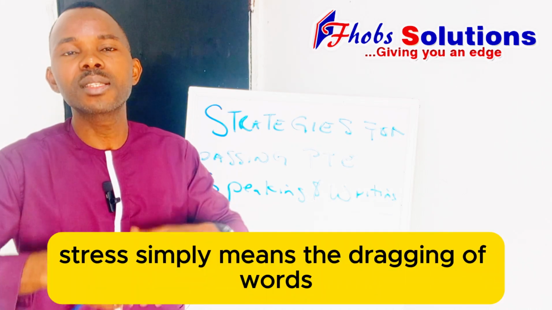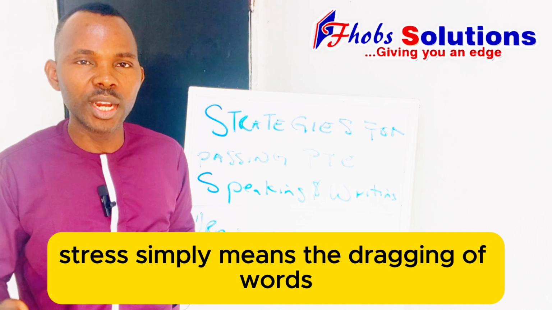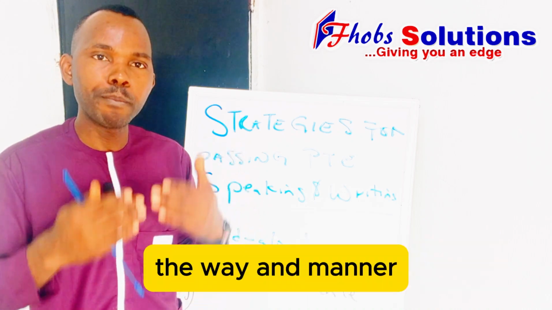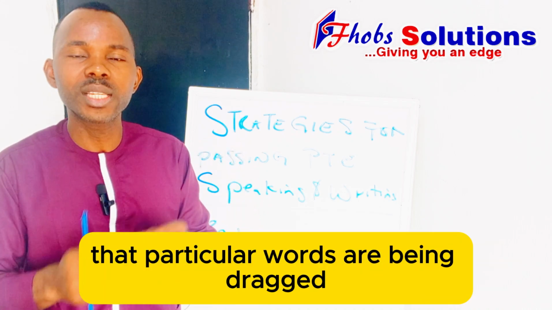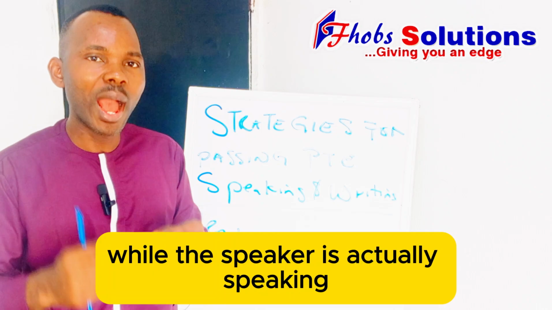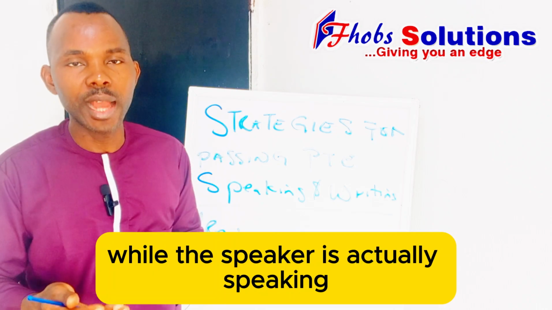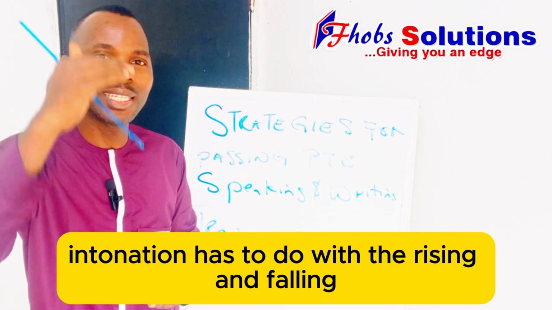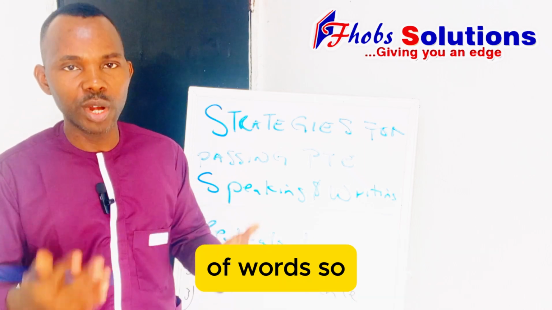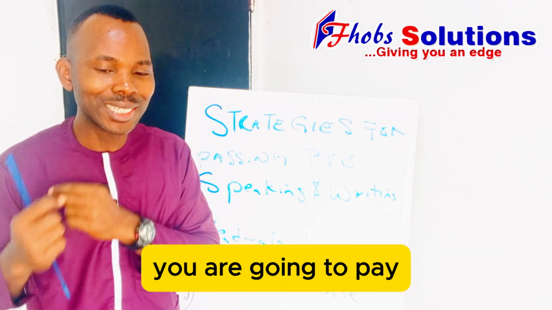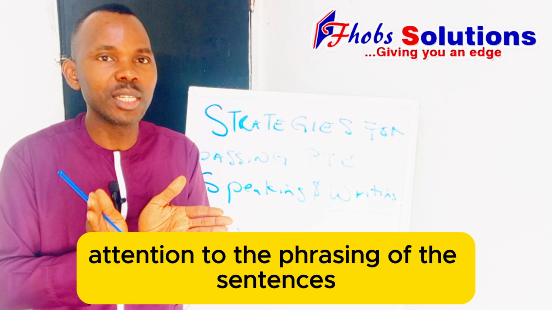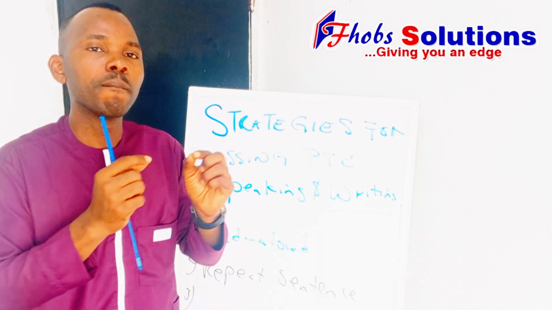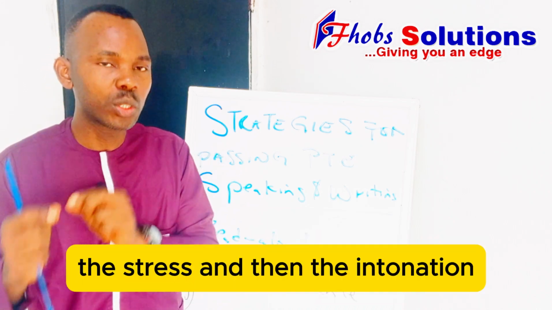Stress simply means the dragging of words, the way and manner that particular words are being dragged while the speaker is actually speaking. And then intonation has to do with the rising and falling of words. So you are going to pay attention to the phrasing of the sentences, the stress, and then the intonation.